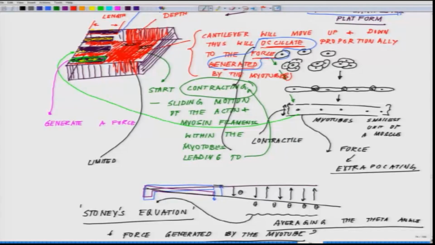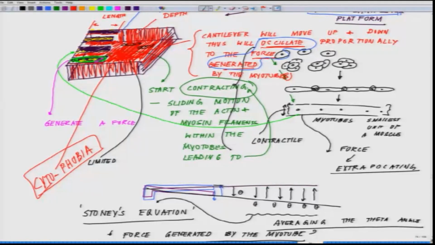So you are ensuring that these surfaces are cytophobic. The cells have a phobia to grow on these surfaces. And parallelly, you coat these surfaces with something which will allow the growth of the cells.